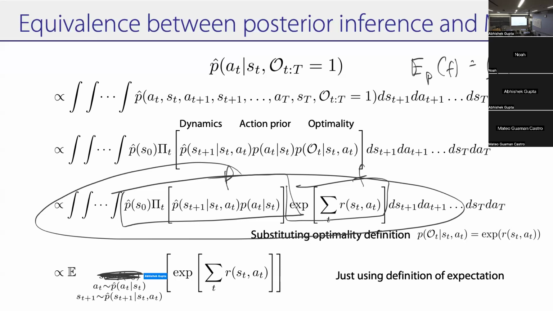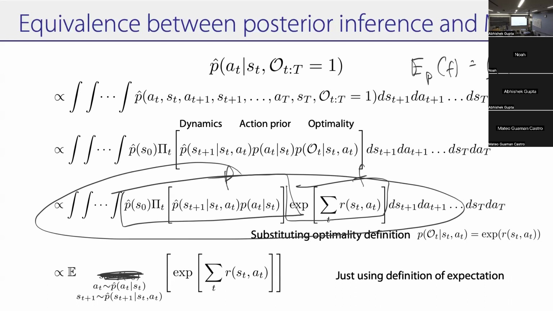If you start at your current time step, you sample actions according to the action prior, and then roll things forward according to your approximated transition dynamics, your numerator becomes the expectation of the exponential sum of rewards under samples drawn that way. You draw samples under your model, then weight them by the exponentiated sum of rewards.